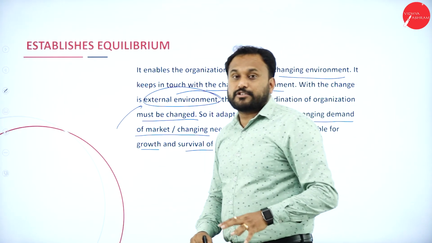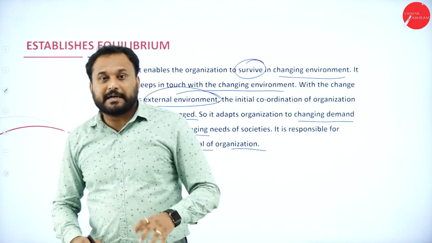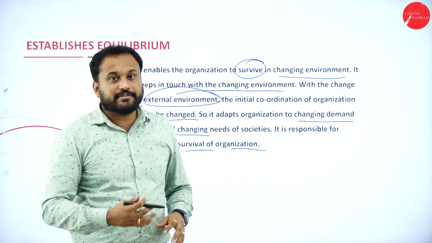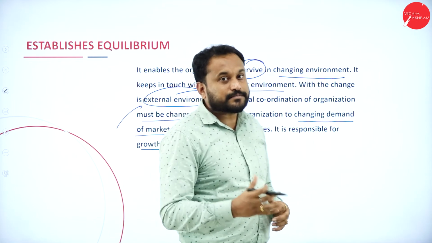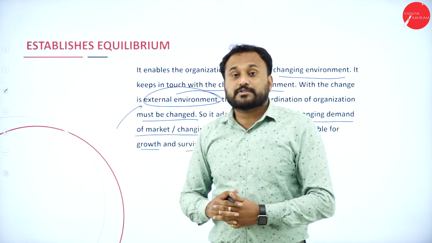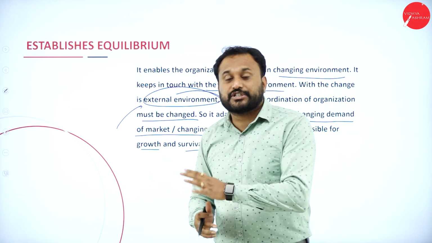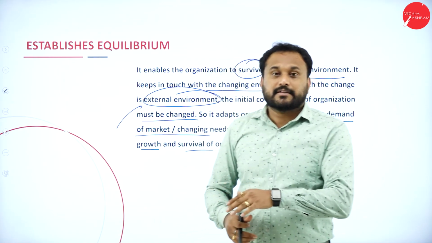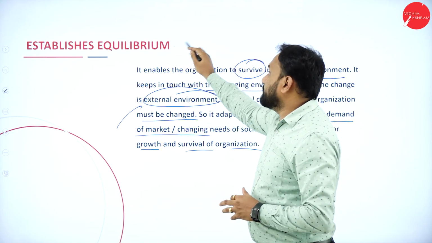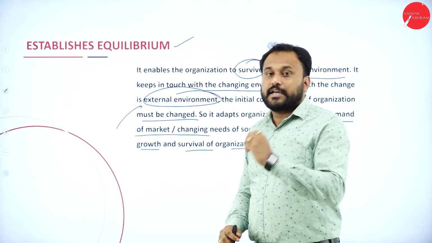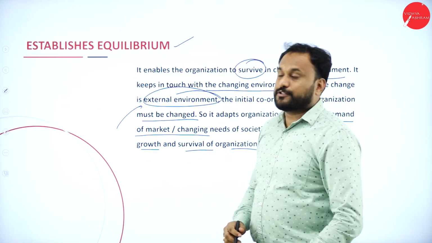But because of strong management, in the months of November, December and January, you can actually check. In the month of December, they are now at 1150 rupees per share. That means what? Doubled. The reason is what? Because of establishing equilibrium. That means there is an equilibrium in the management of Infosys.